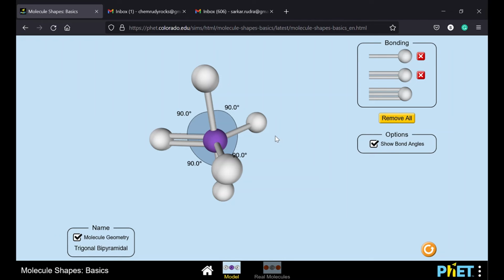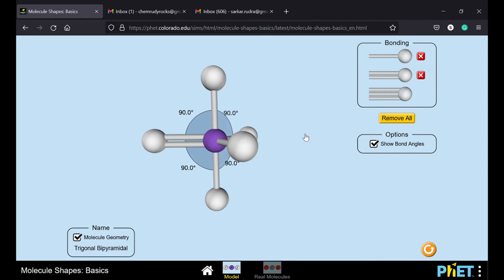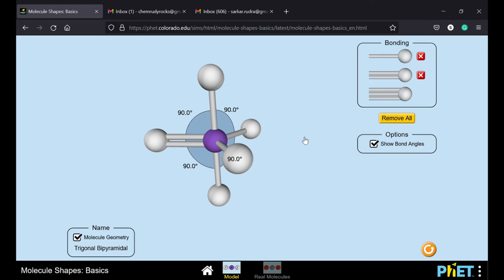Okay, so this is exactly the arrangement that you will get for SOCl4 or SOF4. So if this is S, then that is the O, and the other Cl atoms, which are more electronegative than the O, will be taking up the axial positions. Why?